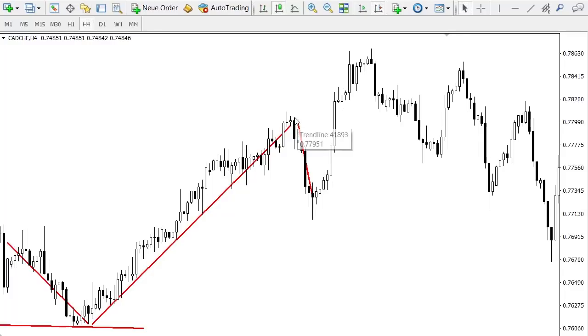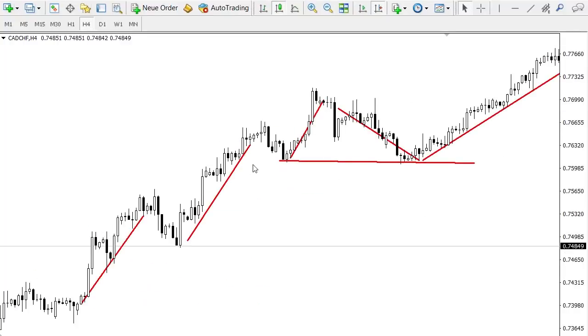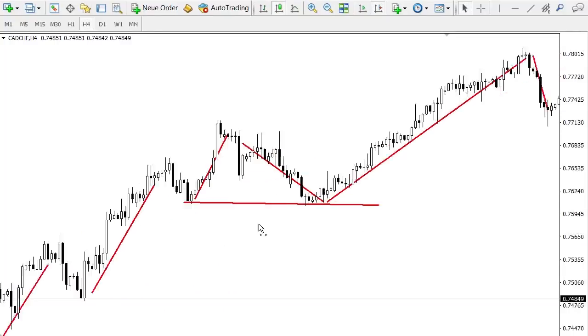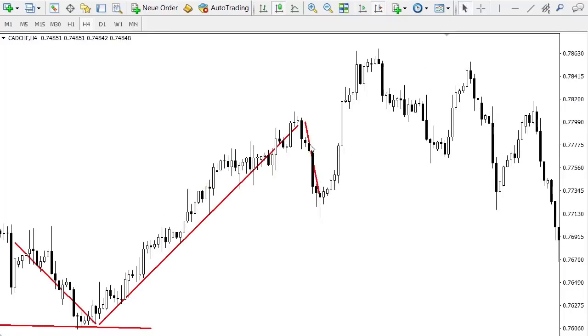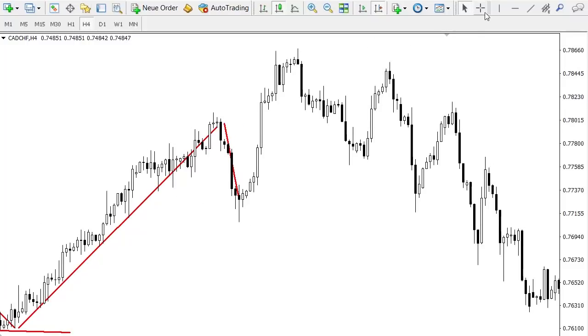This correction wave seems to be quite long to the downside if we compare it to what we have seen here or here. But in this context, it's not really too frightening, because this is quite short compared to this long trend wave. So the price will never just shoot up in one straight line, but it's normal to see this back and forth, and you have to put it into relation.